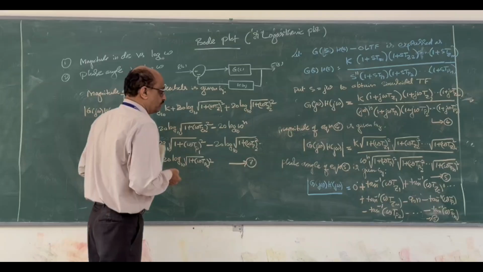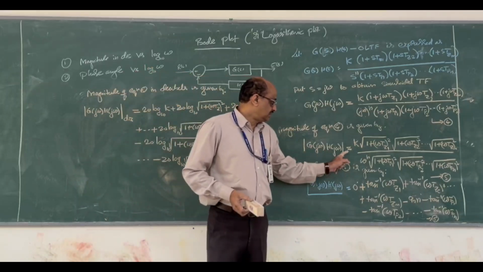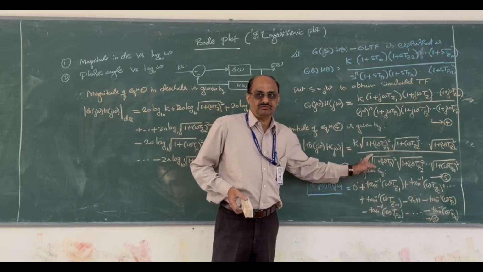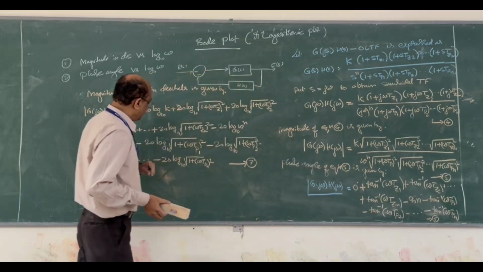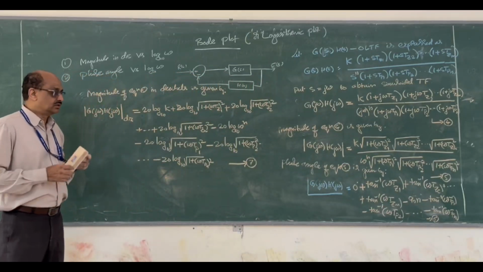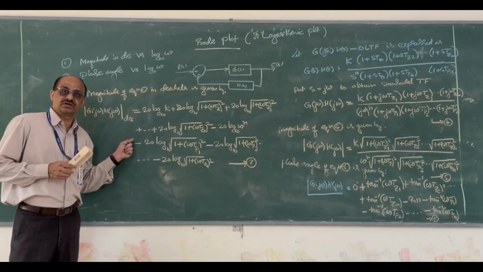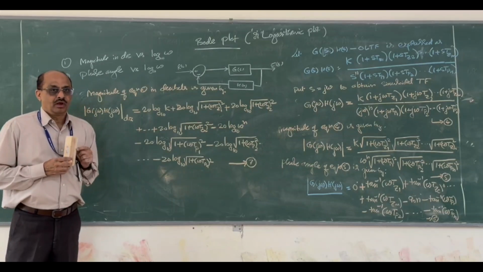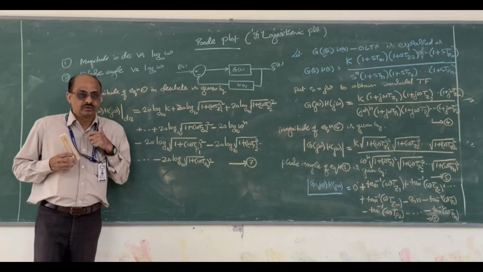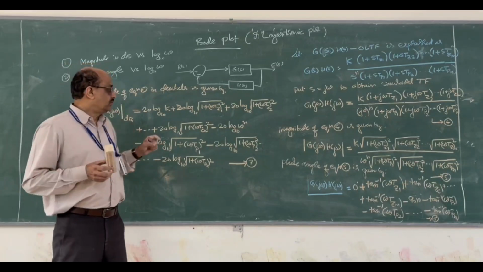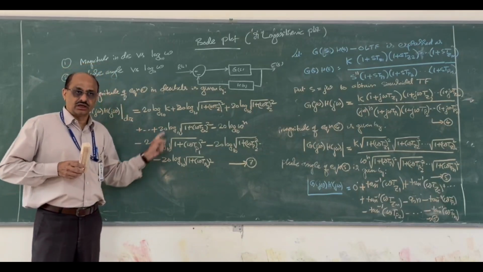What is this now? The magnitude in the form of a multiplication in equation 5 has been converted into addition. So now it is very easy for us to draw the factors individually.